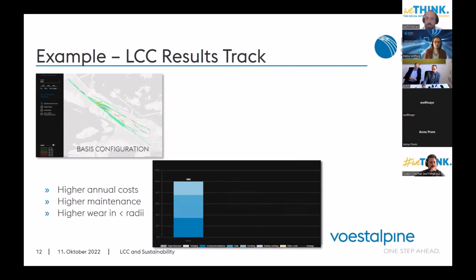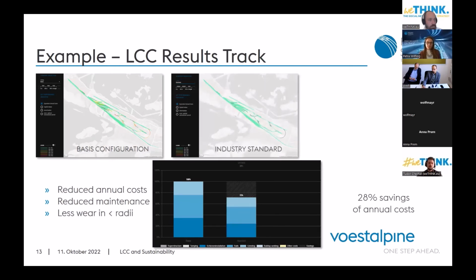Regarding the track line, we have a similar picture here. You see in the smaller radii, we will have higher annual costs. This is also traced back to the fact that we are using the R360 rail grade for this strategy. This rail grade has a lower wear resistance, so higher maintenance is needed, and replacements are needed more often.